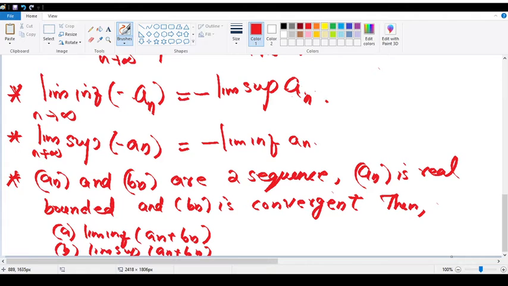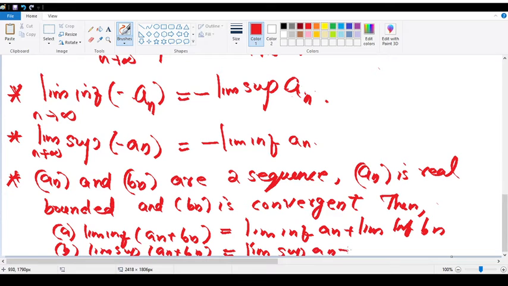Limit inf of an plus bn equals limit inf of an plus limit inf of bn, and limit sup of an plus bn is the same as limit sup of an plus limit sup of bn.